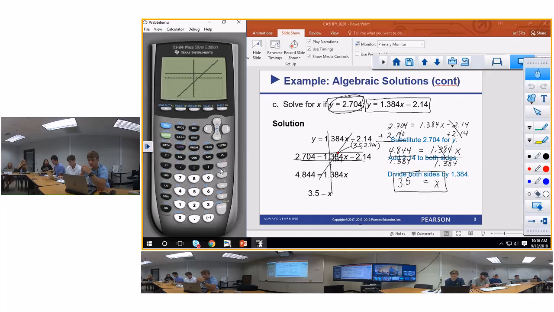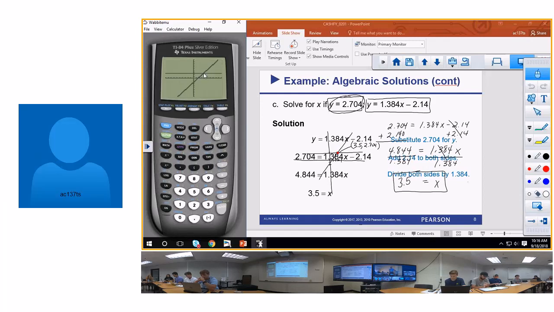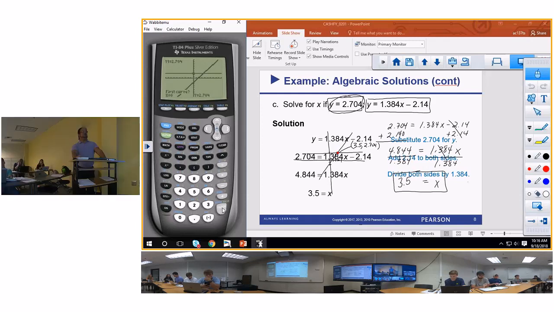Here you go. All right, now I want to find that intersection point. So I hit second, trace, which is calculate, go down to intersect, and I just hit enter because it's asking, do you want to find the intersection of this line and the other line? You say yes. So yes, yes, and then put a guess where you think it is. Why do you have to put a guess?